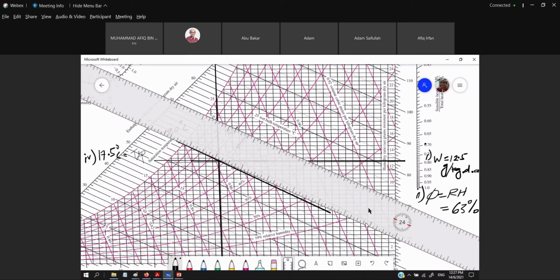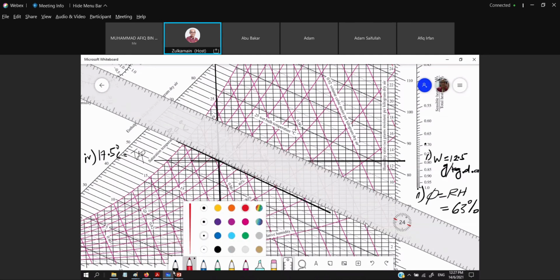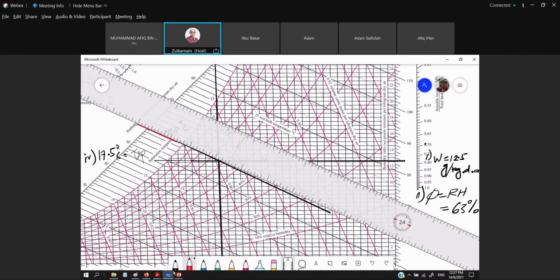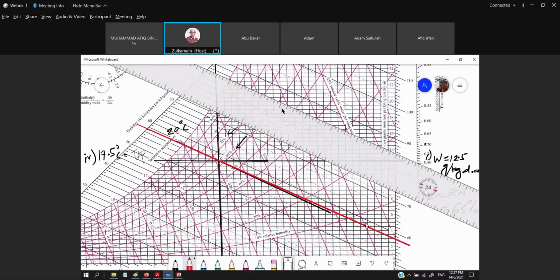So to get the enthalpy value, I need to get from there and make sure that the line is equivalent on top and also at the bottom part for the enthalpy. So that is the enthalpy right here.